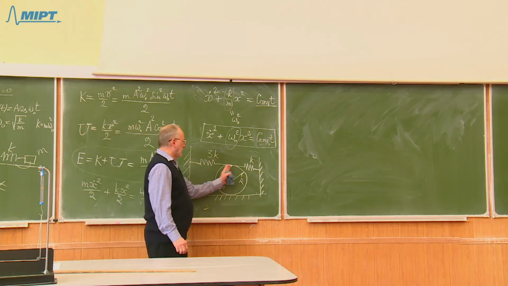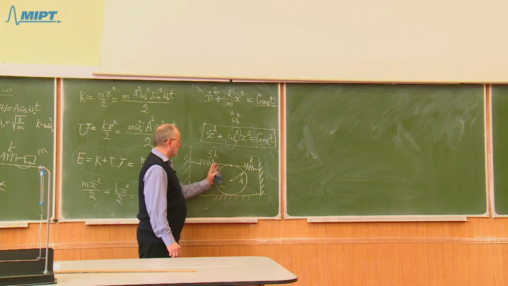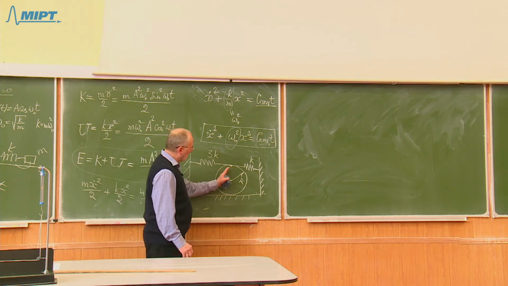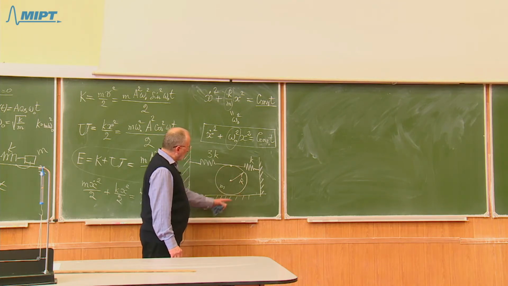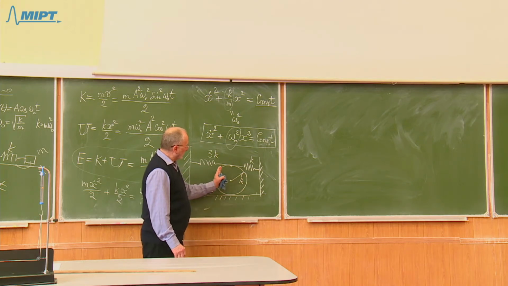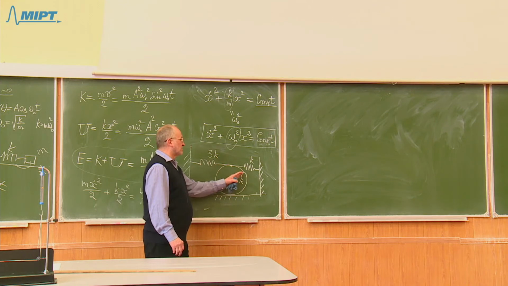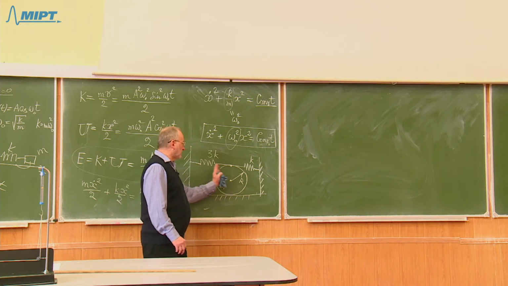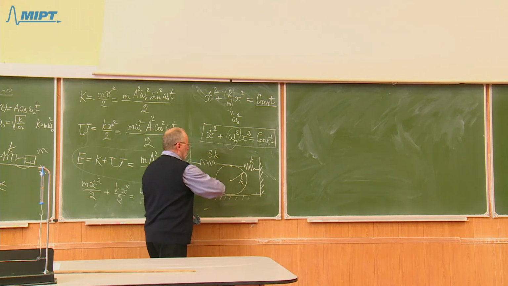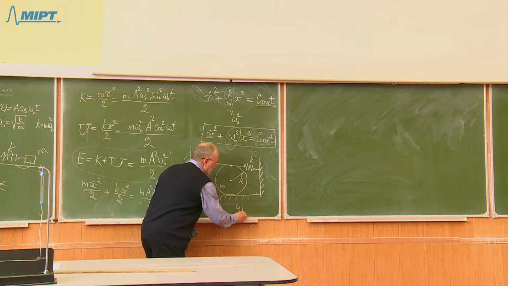So if this system is in equilibrium, there are no oscillations. But if I somehow touch this disk, if I push it a little bit, then it will start vibrating. And vibration will include rolling. The disk will roll to and fro, and there will be some vibration with some frequency. How to find the frequency of vibrations?